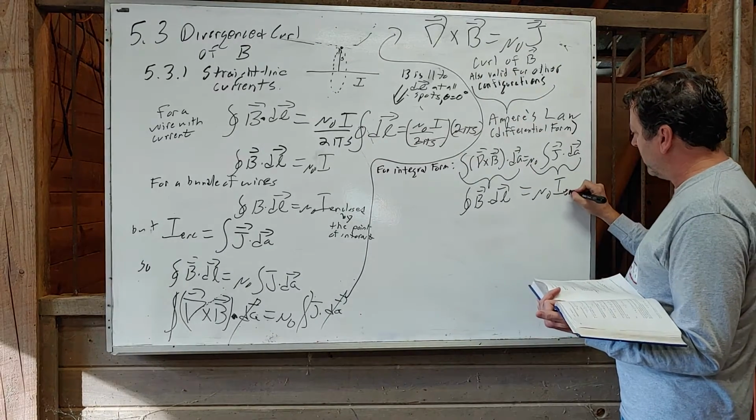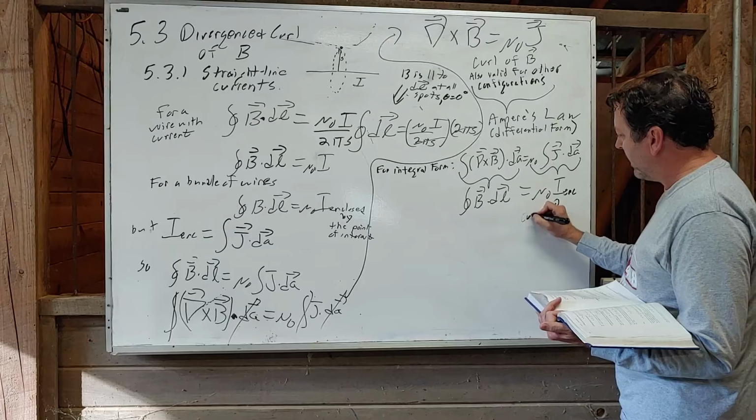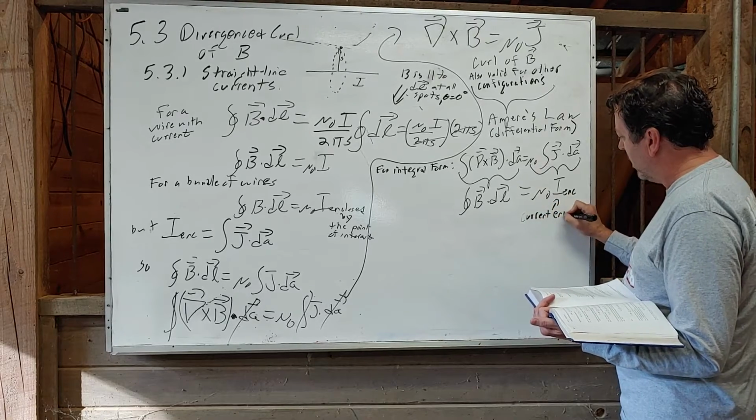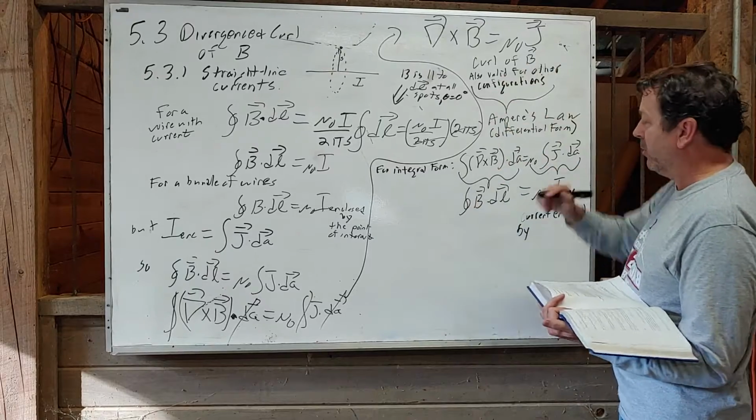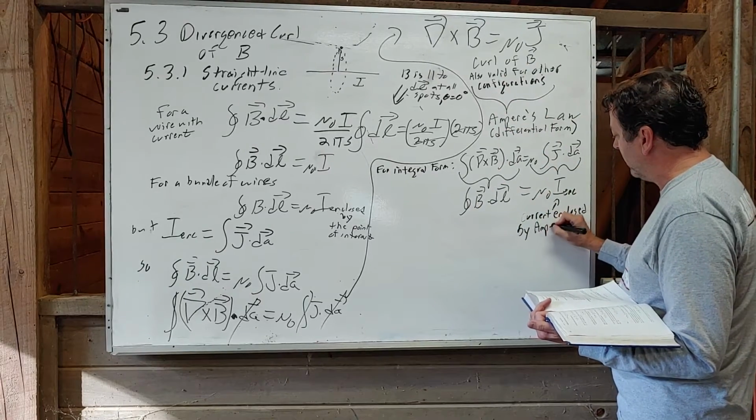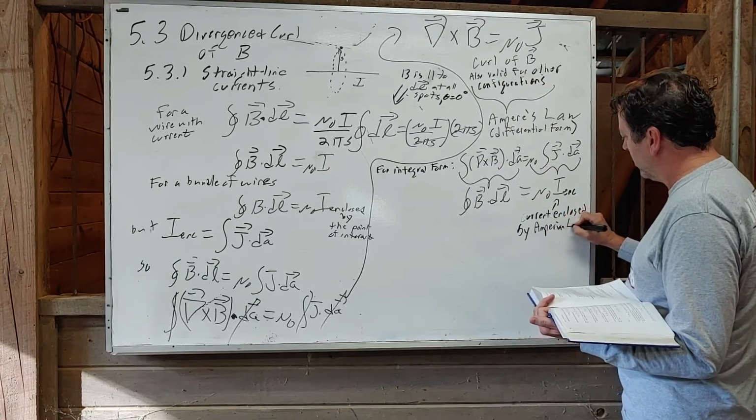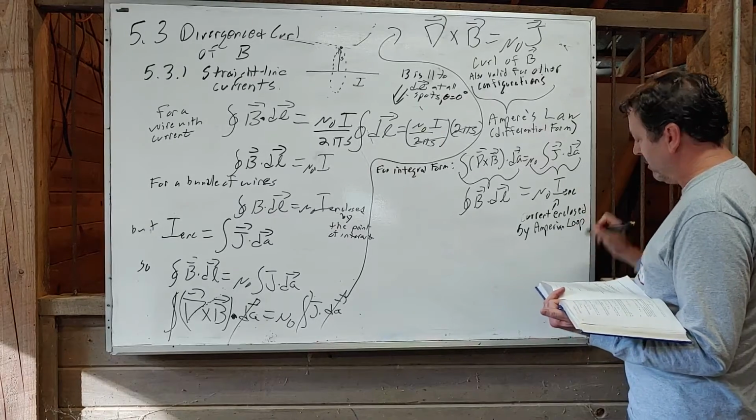This is the current enclosed, and that loop there, we're going to call it an Amperian loop. An Amperian loop.